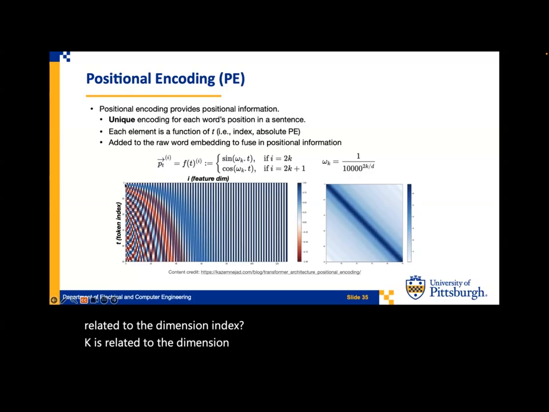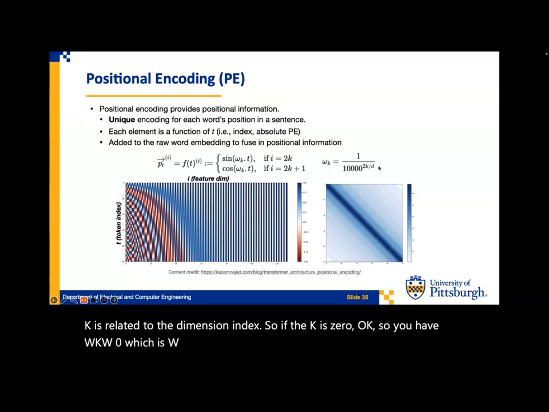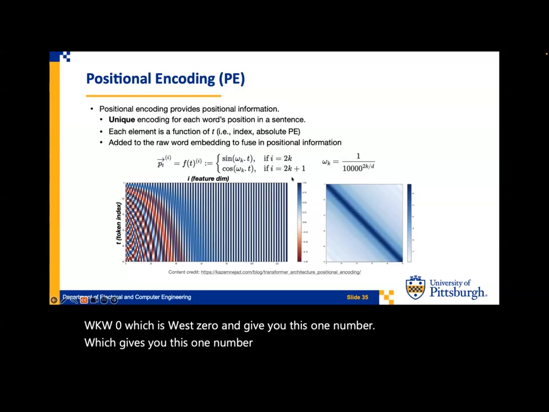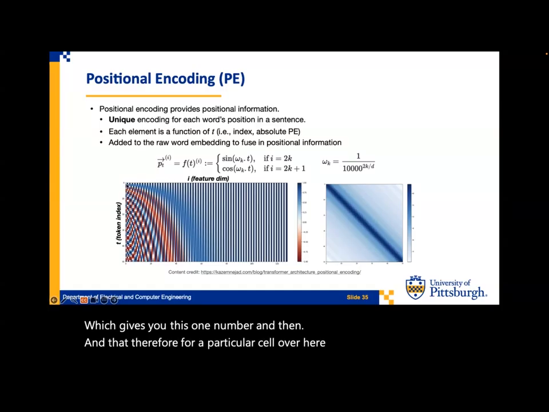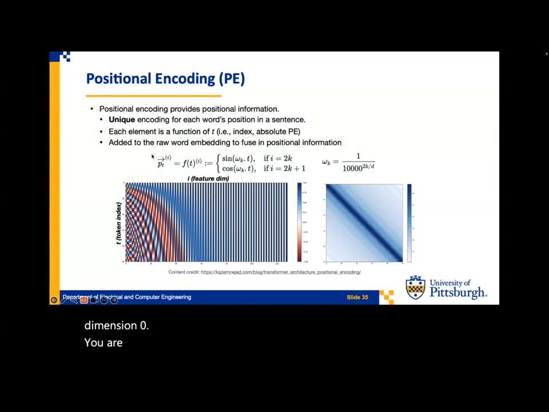If k is 0, you have wk, w0, which gives you this one number. Therefore, for a particular cell over here, let's say token 0 and dimension 0, you are going to be assigned a value which is defined by the sine function.